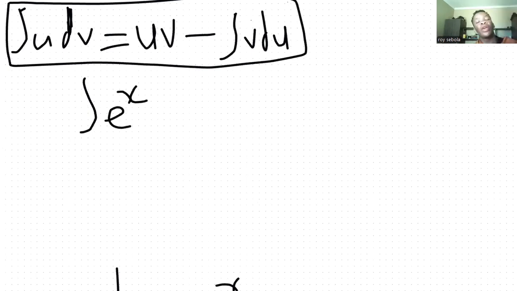Remember, integration by parts consists of two functions: the first function and the second function. For you to know which one represents u and which one represents dv, we must use the method called the ILATE method.